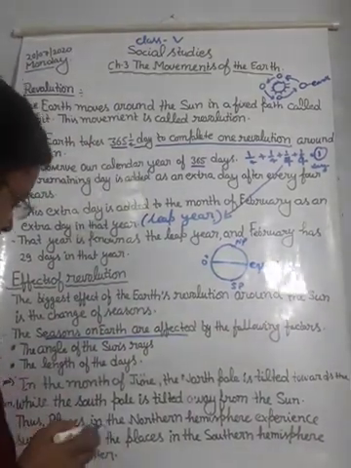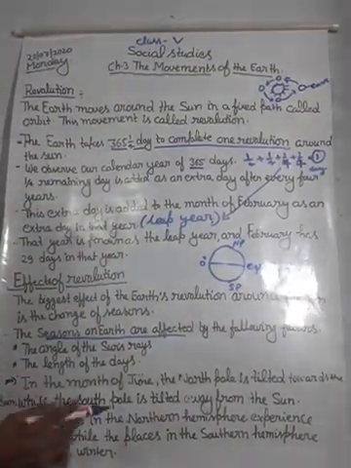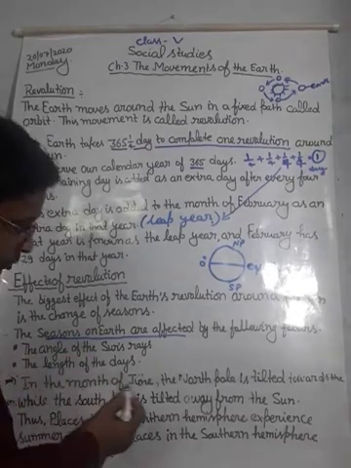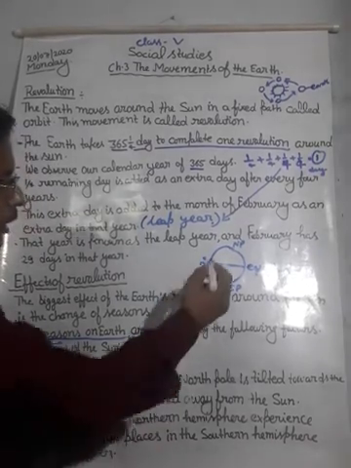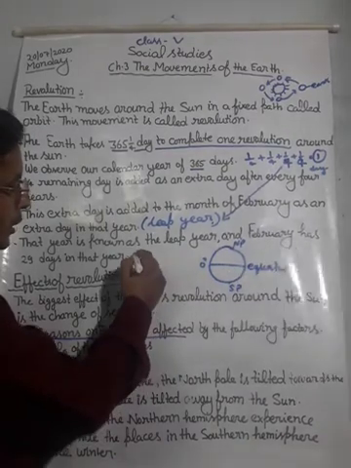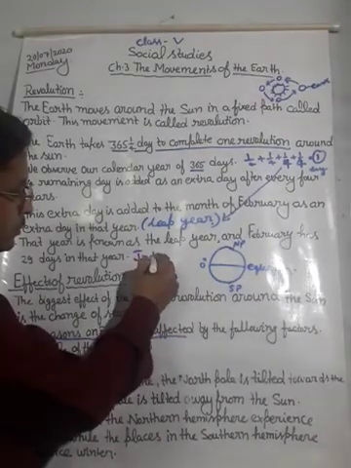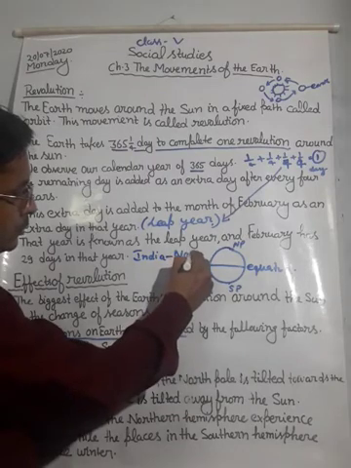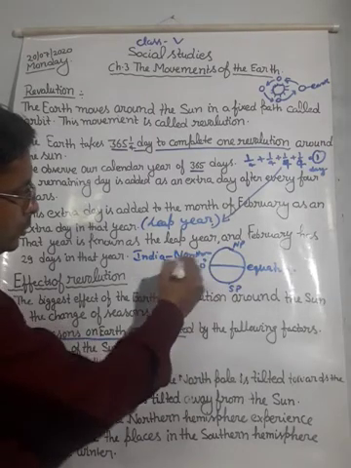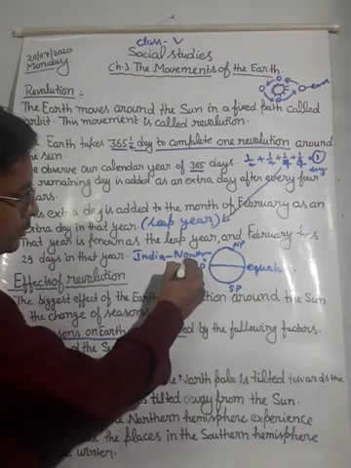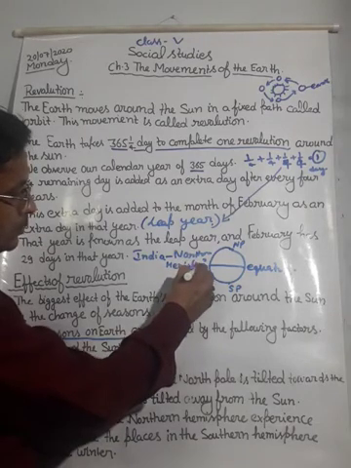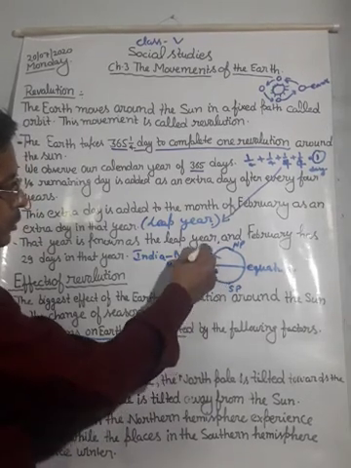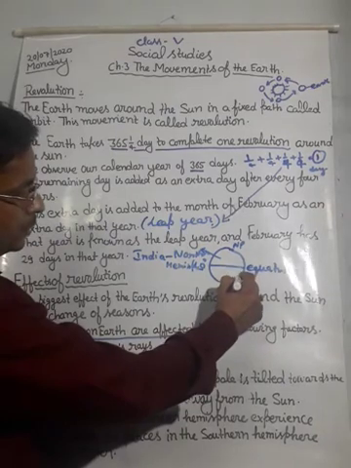Just for example, we are talking about the month of June, and keep in mind, India lies in the northern hemisphere.